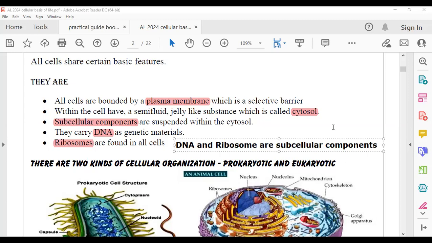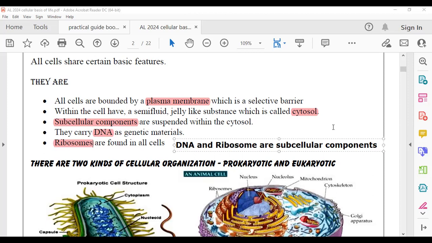So please mark it down. Have you marked it?